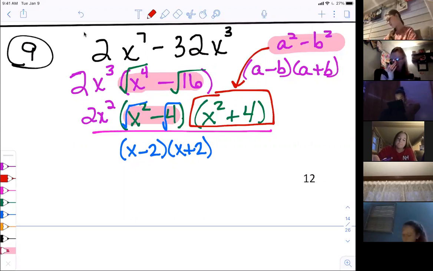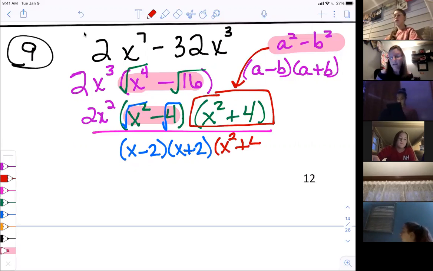So that x squared plus 4 is a sum of two squares, and it does not factor because it doesn't match the pattern. So this x squared plus 4 is called prime. It cannot be broken down any further.